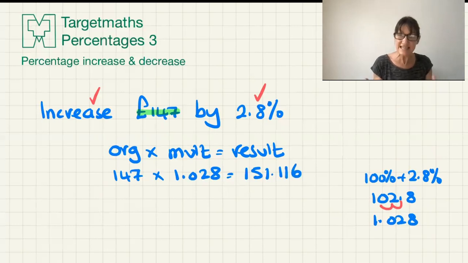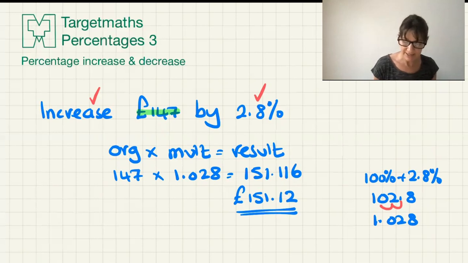Now, that is the answer. However, you read the question. It's a question about money, which means 3 decimal places is not okay. I've got to make sure that I give my final answer in 2 decimal places, which is how we represent our money. And that is the final answer.